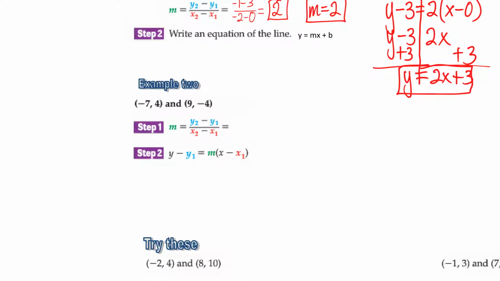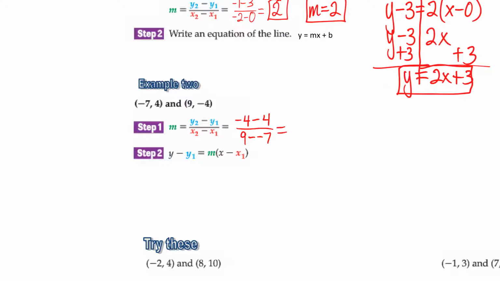Okay, example 2. Let's find the slope between these 2 points first. So what's my y2 value? 9. Wait, no. Negative 4 is my y2 value. Minus, what's my y1? 4, over what's my x2 value? 9, minus my x1?